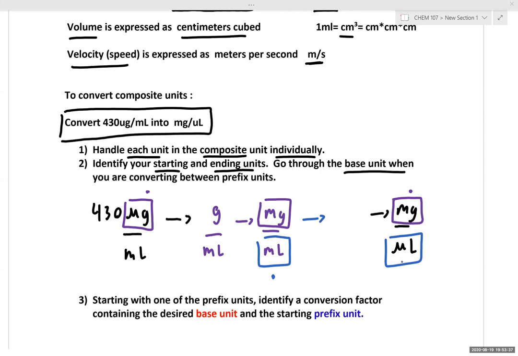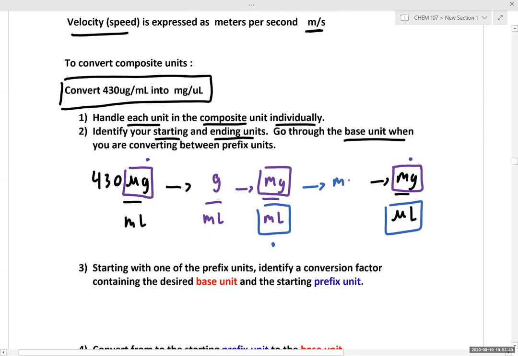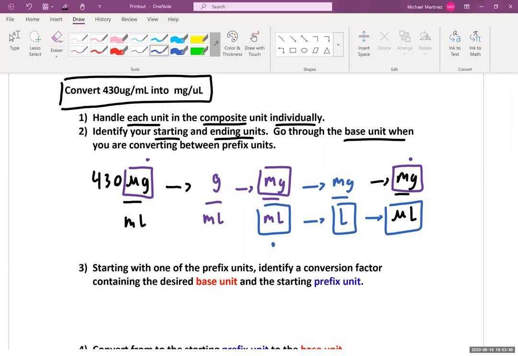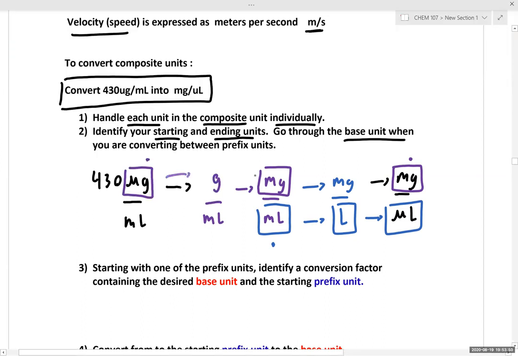So we're going to go to milligram per liter. Notice how, in effect, we have two unit conversions lumped together. Does everyone see that? On the top, we're going from micrograms to milligrams, and on the bottom, we're going from 1 over milliliter to 1 over microliter.